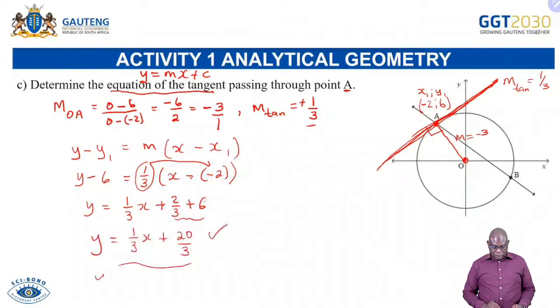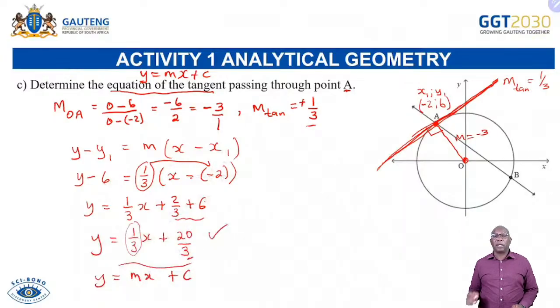Can you see it is in the form y equals mx plus c? My c is this one, my gradient is that, the x is that. I'm able to write it in that straight-line form. So you must understand this type of question. If the line touches at 2 points, it cannot be a tangent.